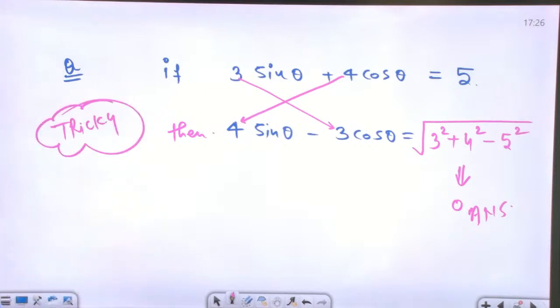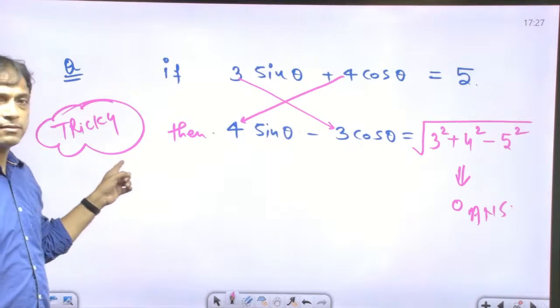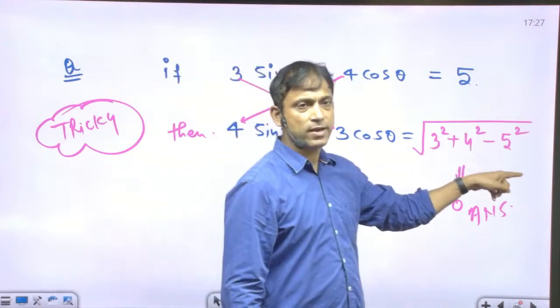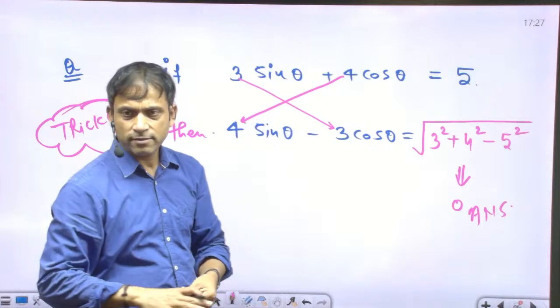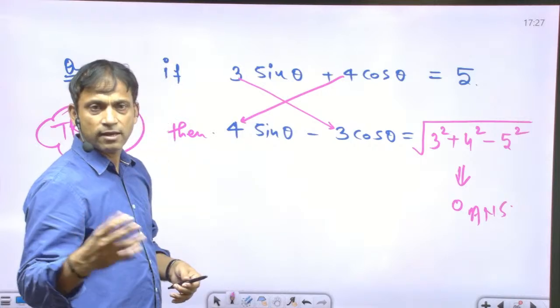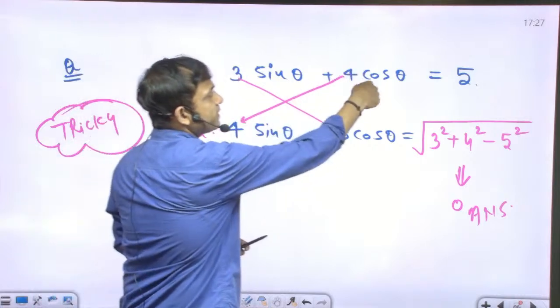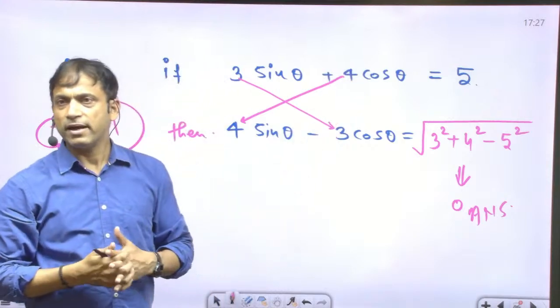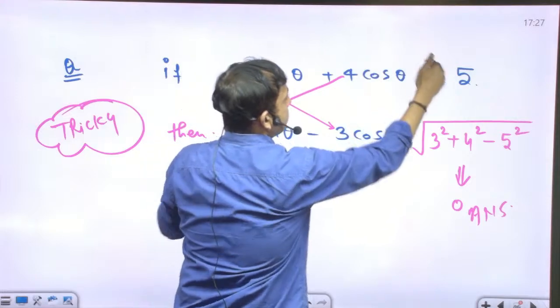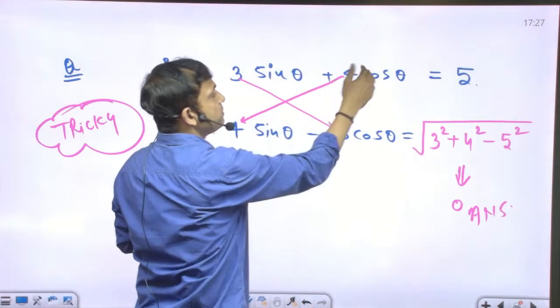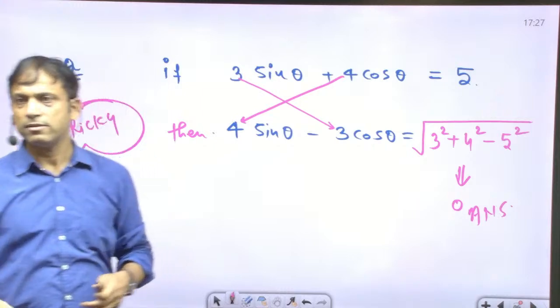In any kind of sine cos question, either use the trick, that is A square, B square, C square, or take a long process. How? Squaring both the sides. By using the basic method, squaring both the sides, 5 square, A plus B whole square, and then solve.